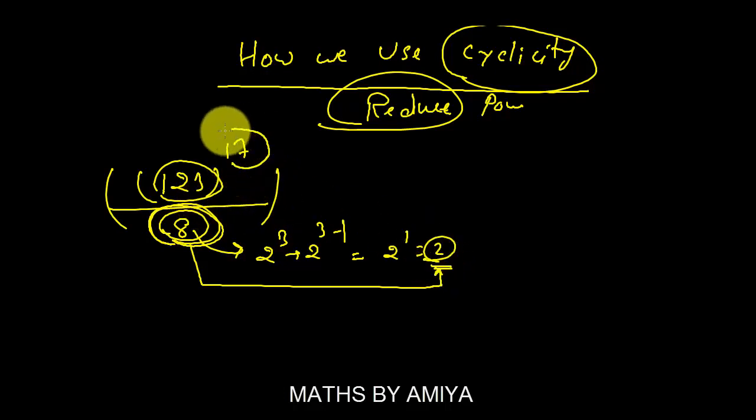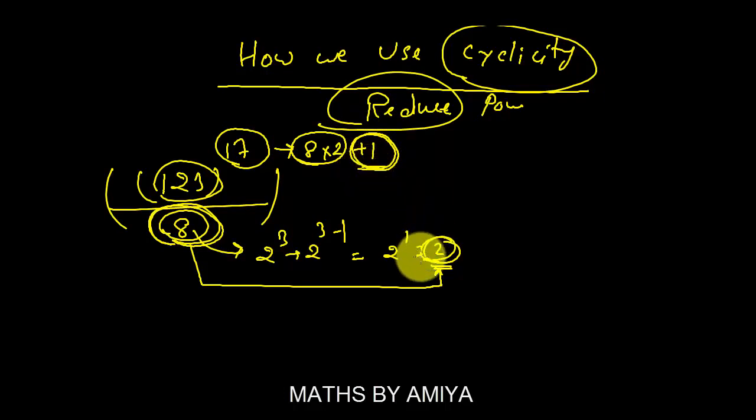The power is 17 and we have only 2 options available, so we can say this is nothing but 8 into 2 plus 1. We have 8 bundles of options plus 1 extra. This 1 extra is the main thing. We exhausted all options and are left with 1 extra.